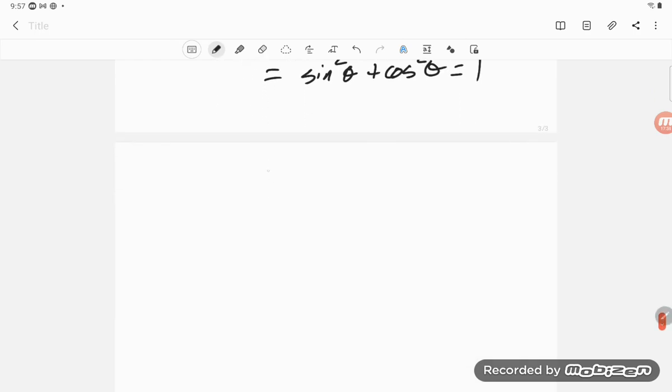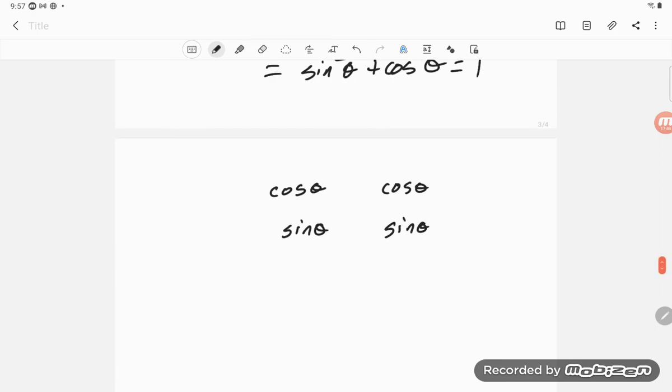Now, notice though, if I did something like cosine theta, sine theta, sine theta, then all of a sudden, remember that I need these two terms. Okay, so we're fine there. So let me erase that. Remember we got A, C, B, and D. So here we still have a squared plus c squared equals 1.